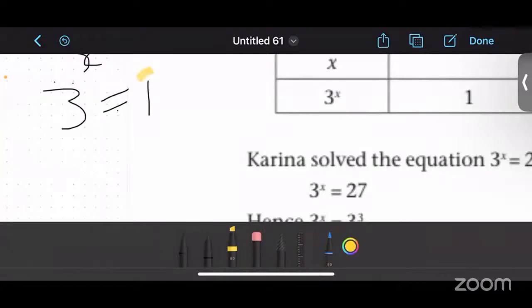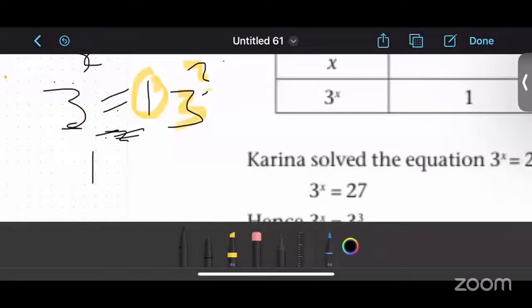You're going to ask yourself, can I change this 1 so that I have 3 to the power of something? Or if I can't change this, can I change this 3 so that it's 1 to the power of whatever, so that you can have the same bases, and then you can work with exponents, right?